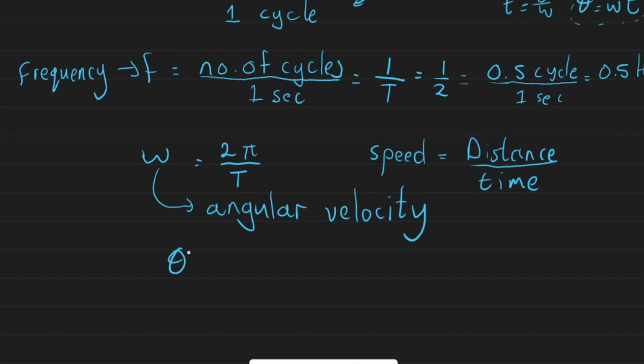So this is equal to this angular velocity multiplied by time. And we know that this angular velocity is equal to 2 pi over T. So if we substitute that in, we get 2 pi t divided by this capital letter T, this period.